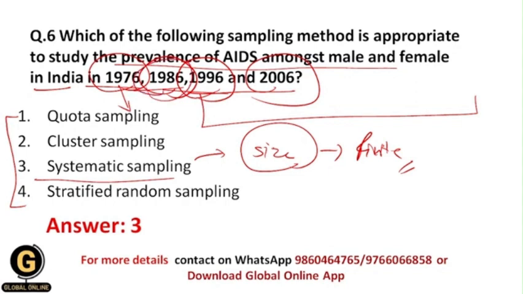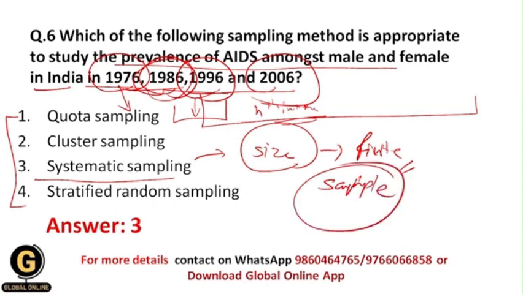Then after that he will randomly choose the sample in the first interval. Then he will choose the samples at every nth interval in the subsequent intervals, and finally he will make a proper sample. And then accordingly he will study by using this sample only.